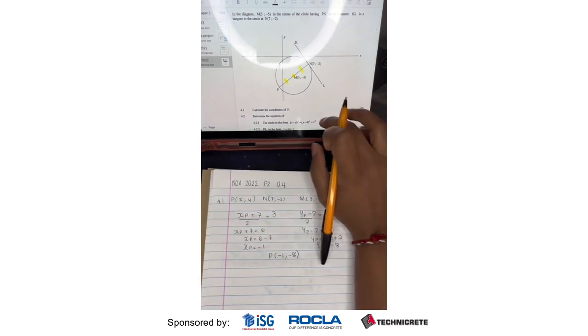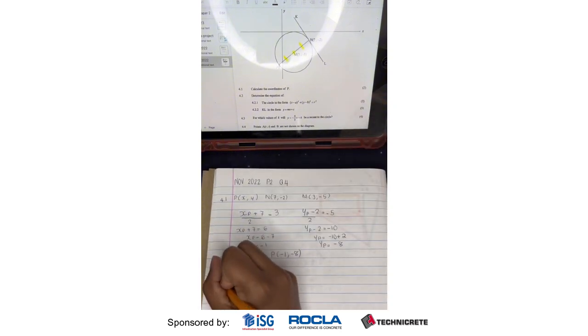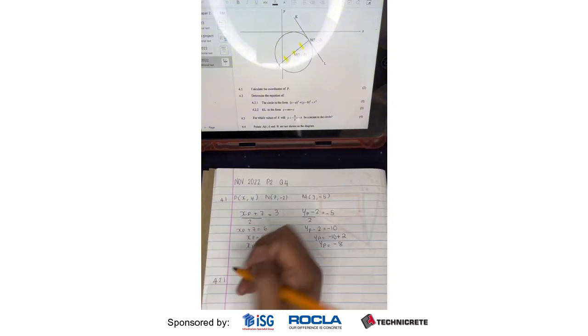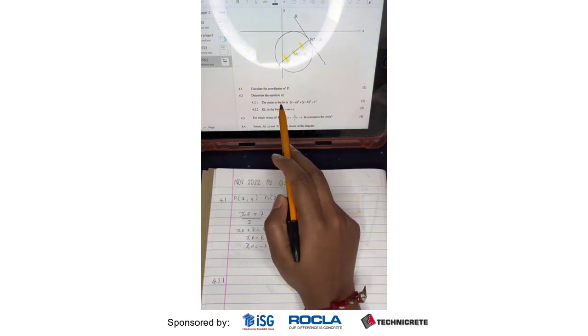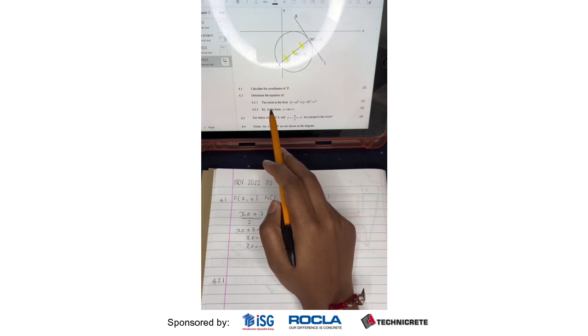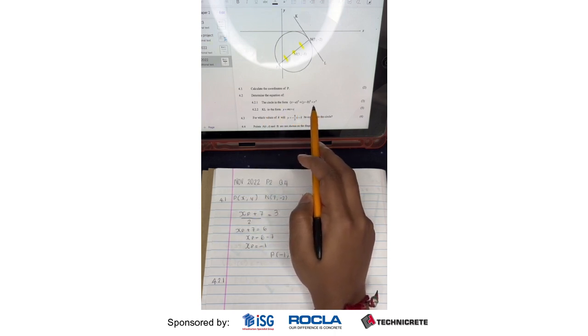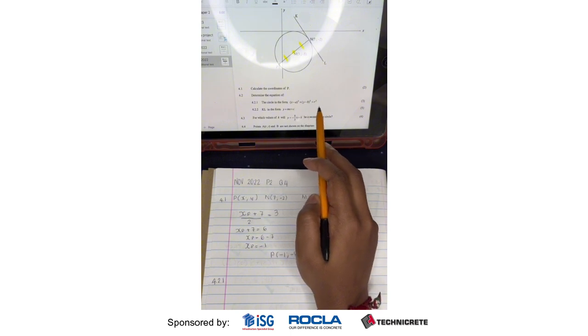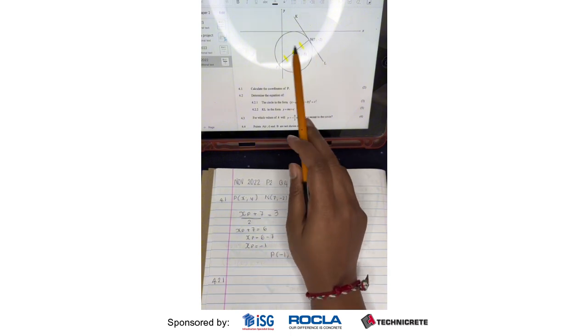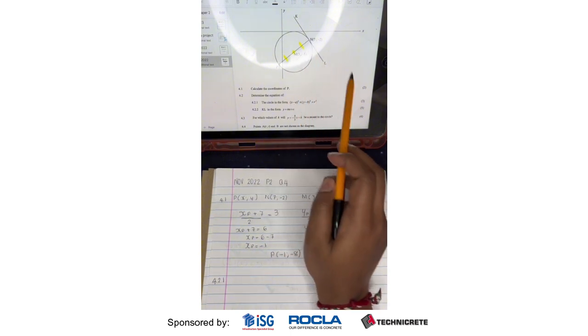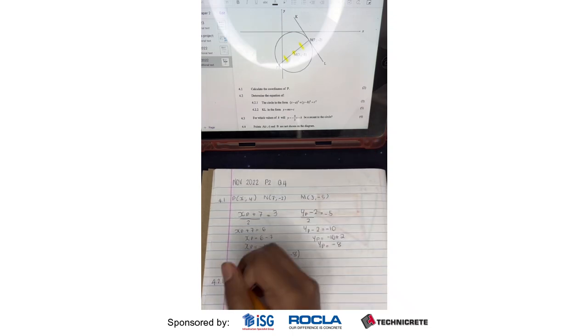Okay. Going to our next question, 4.2.1, it says determine the equation of the circle in the form (x minus a) squared plus (y minus b) squared is equal to r squared. So we know that a and b are going to be substituted with our coordinates. We need to find the value for r.